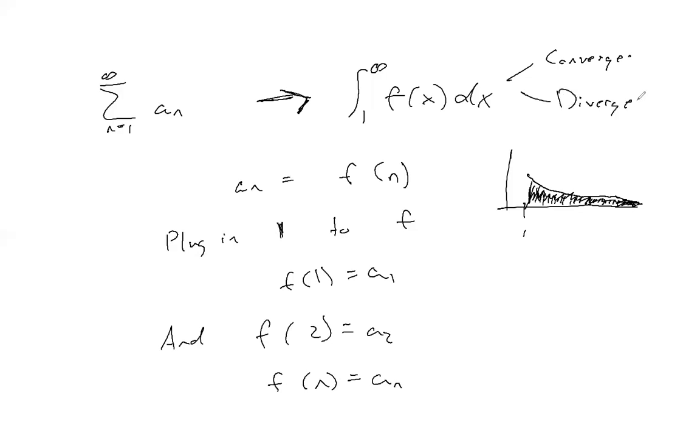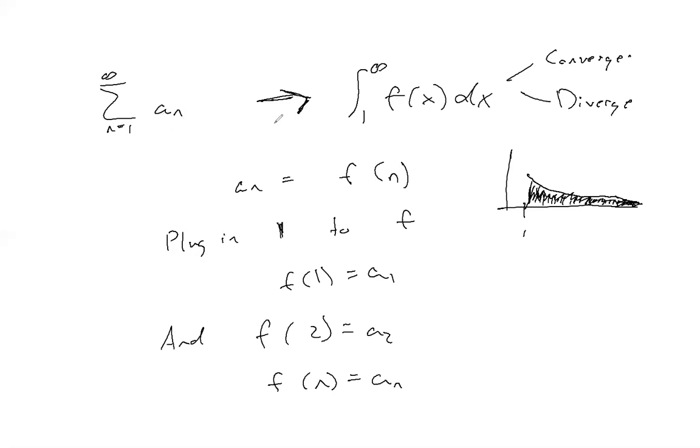And the convergence of this integral is very closely related to the convergence of this series. And it's just what you would hope. My integral is going to be convergent if my series is convergent, and vice versa. If my integral is convergent, my series is going to be convergent. And if my integral is divergent, my series is going to be divergent.